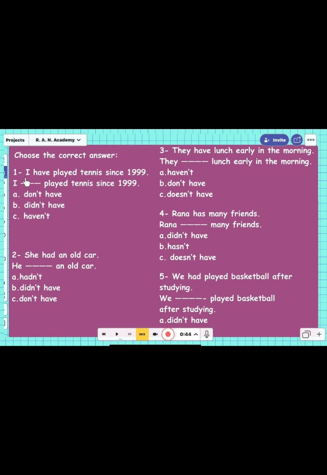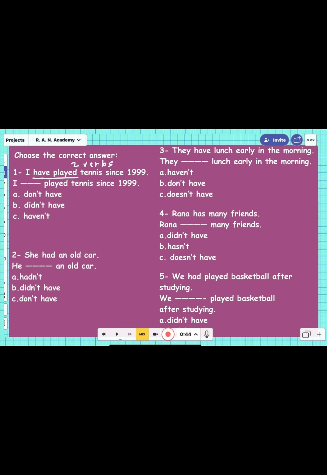Number one, I have played tennis since 1999. I want to change the sentence into negative. So I'm given three choices. Which one is right? So I have to look at the verb. How many verbs do I have? I have two verbs.